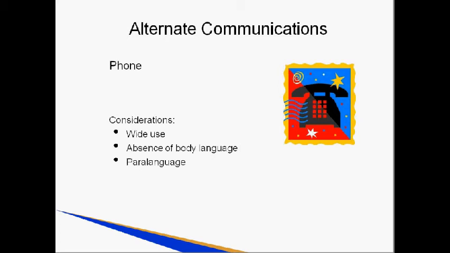In particular, body language. We can't see the face or the body, and so we lose a huge portion of the communication. In fact, according to Werber and Brent, 93% of emotional meaning in communication is nonverbal. That's a huge chunk. So to combat that, we need to employ paralanguage.